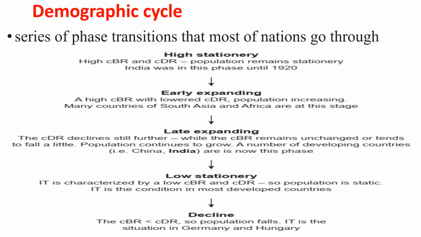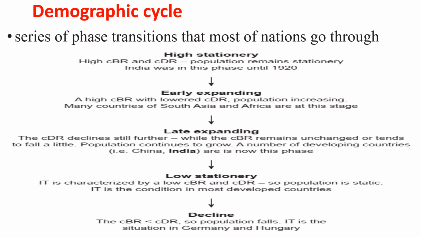Demographic cycle. It is a series of phase transitions that most of the nations go through. From high stationary to early expanding to late expanding to low stationary, then decline.